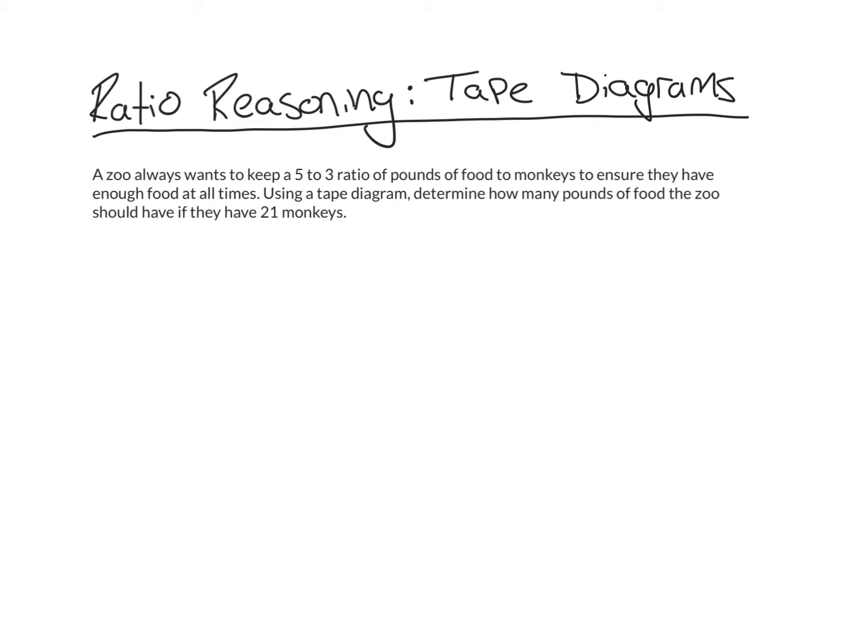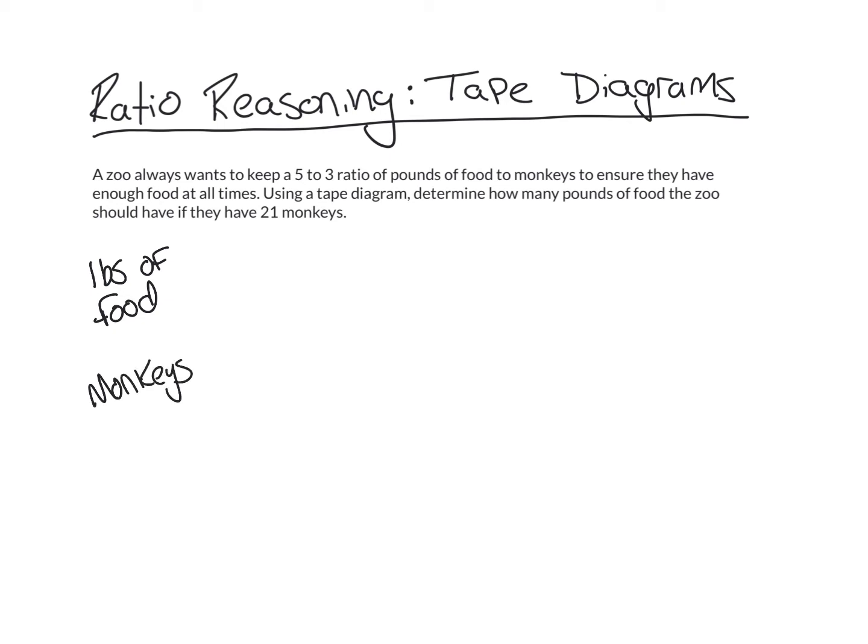So with a tape diagram, we're going to start out by drawing a tape diagram with the original ratio that we're dealing with. So we have pounds of food and monkeys.